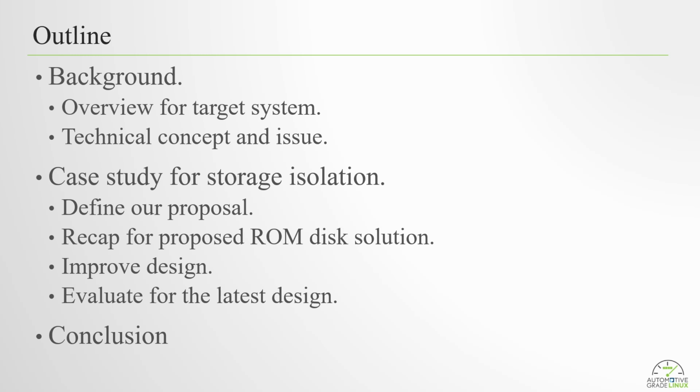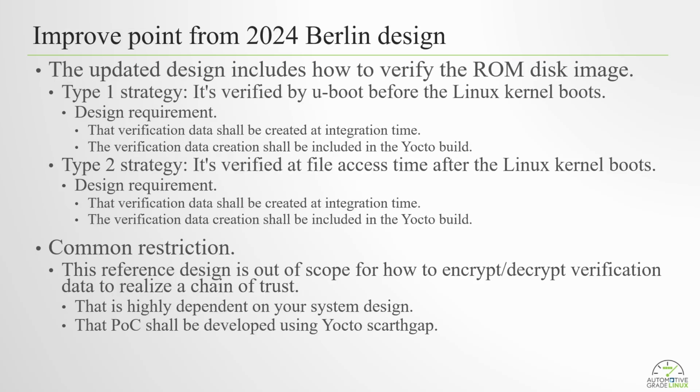That's all of the recap part. Next part is the improved design and evaluation. The improved point from the 2024 Berlin design: the updated design includes how to verify the ROM disk image.